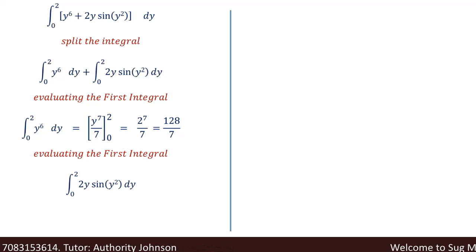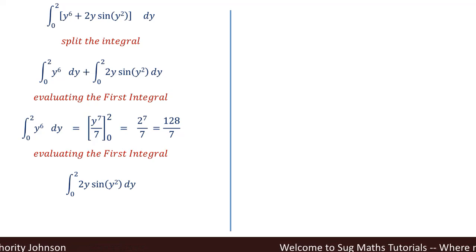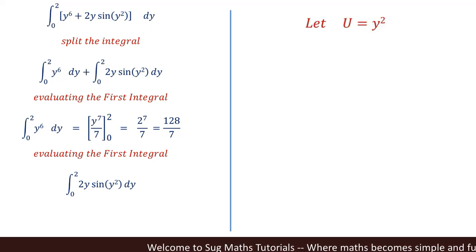So evaluating the second integral, we are going to have the integral from 0 to 2 of 2y sine y squared dy. So here we apply the substitution method, right? Let u equal to y squared.